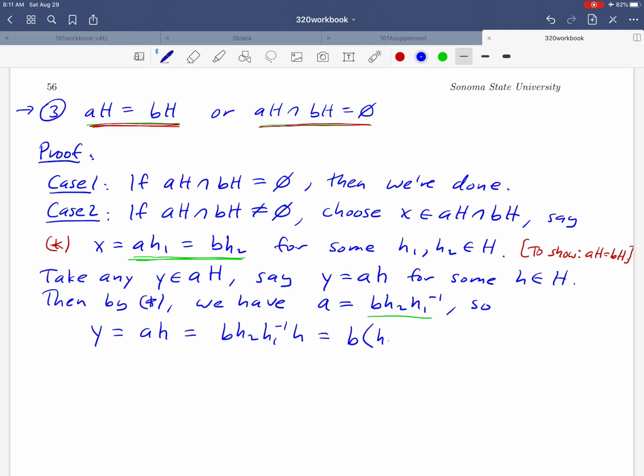That's B times H2 H1 inverse h, but what do we know about this element that I'm underlining here? We're taking a product of three elements that have to be in H, and H is a subgroup, so that means that the product that I underlined has to be in H, and so by definition, we've just demonstrated that this y is in the coset B times H.